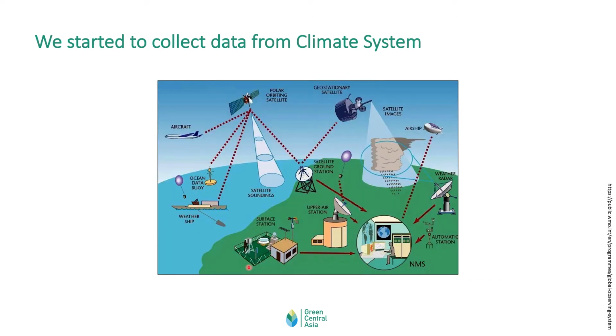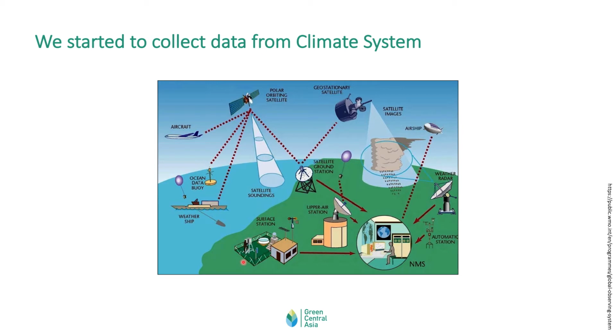In order to understand this complex climate system, we started to gather information about it. Nowadays, we are gathering information from the ocean surface and the deep ocean, from the atmosphere in different layers, from satellites, aircraft, balloons, radars, and lidars.